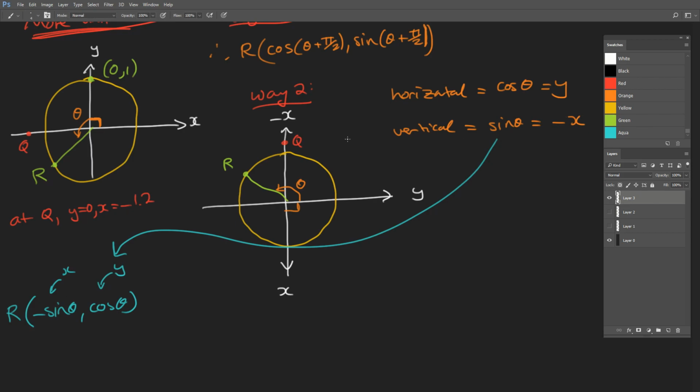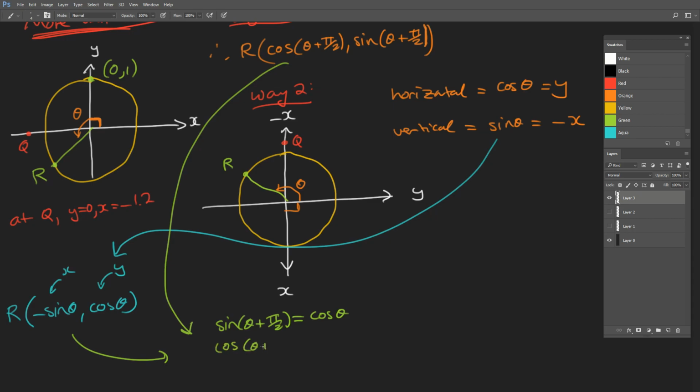But hang on. Didn't we say that r is cos of theta plus pi on 2 and sine of theta plus pi on 2? But this is the same r. These are the same points. And if the points are the same, then the coordinates should be the same. So that means the x coordinates must be equal and the y coordinates must be equal. So that means we can say that sine of theta plus pi on 2 is cos of theta, because we're equating the y coordinates.